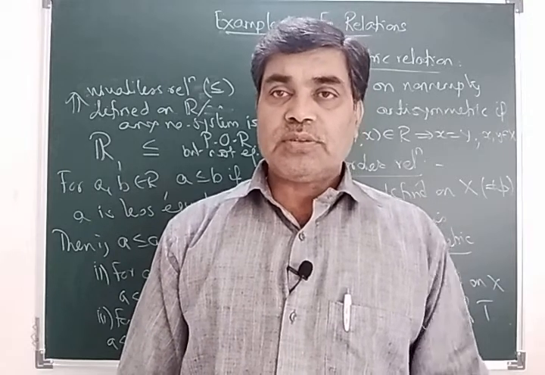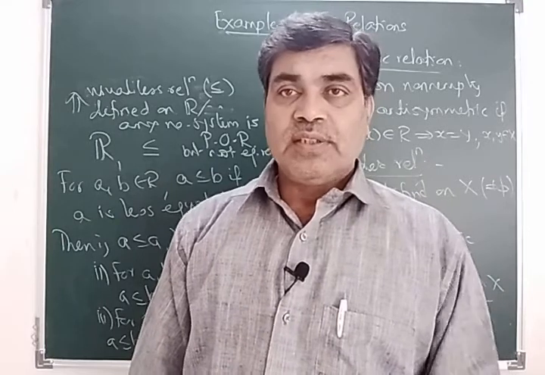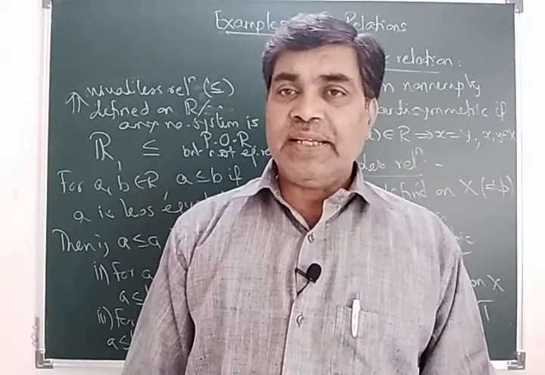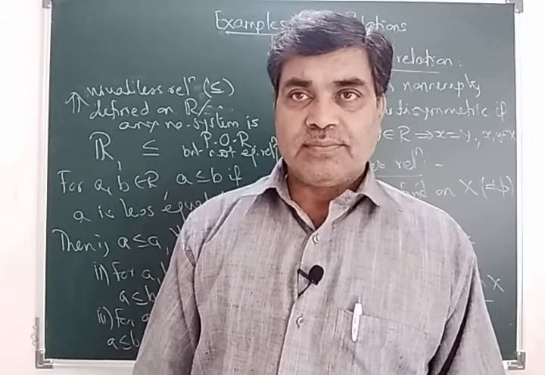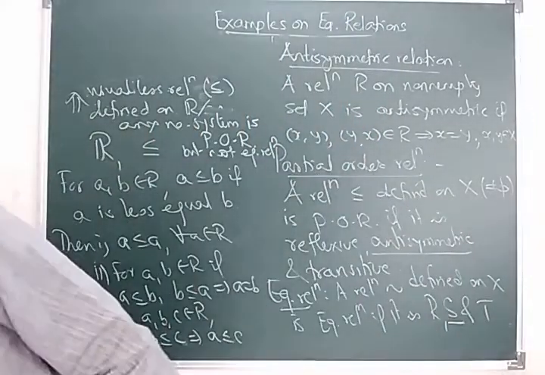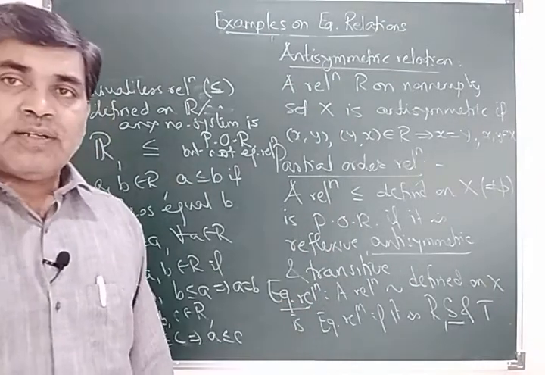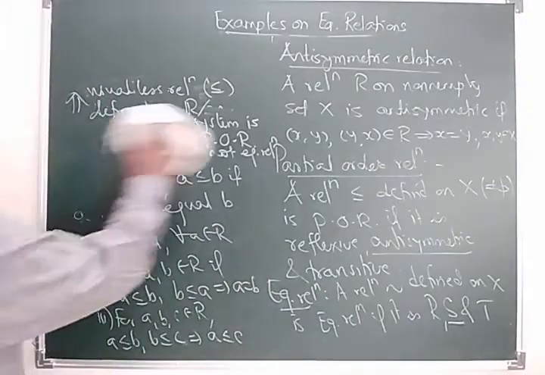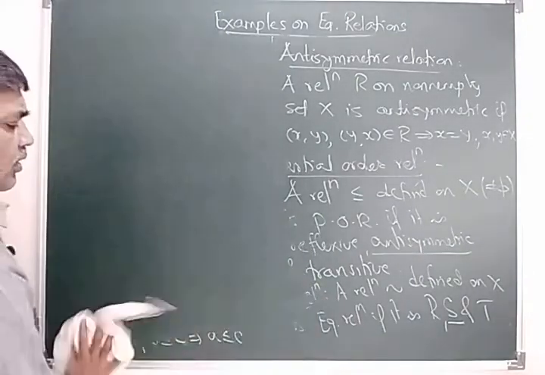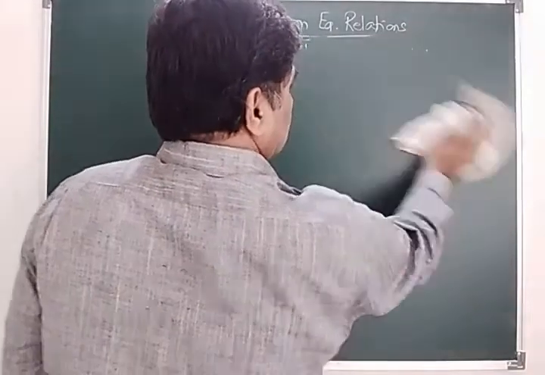Our aim is to study the congruence relation defined on Z and how it is an equivalence relation. But as partial order relation is also mentioned in your syllabus, antisymmetric relation is explained. That's why I am explaining this. Is it clear?